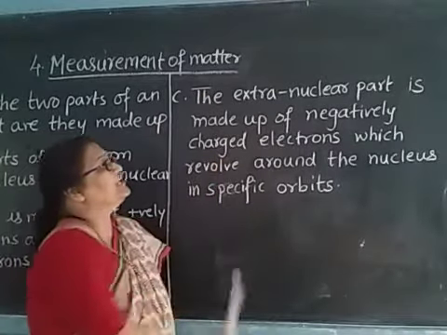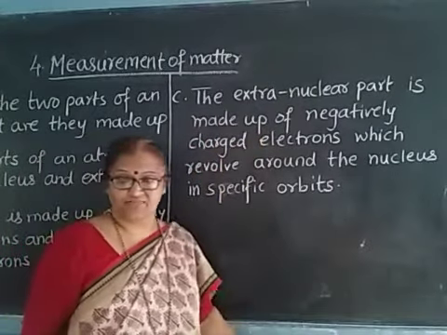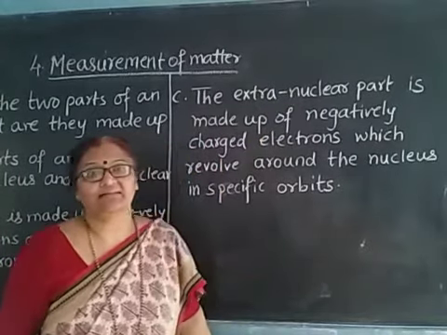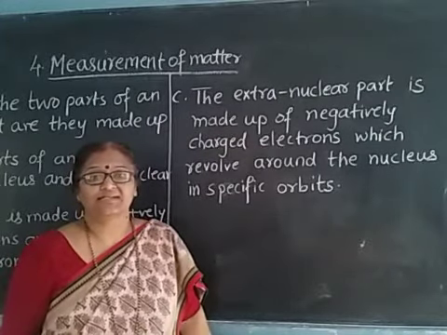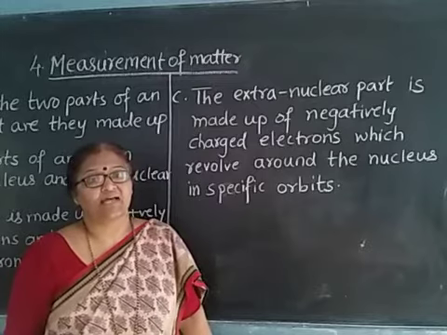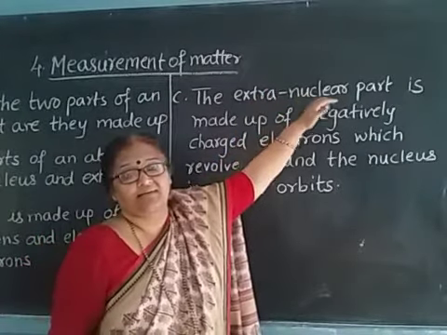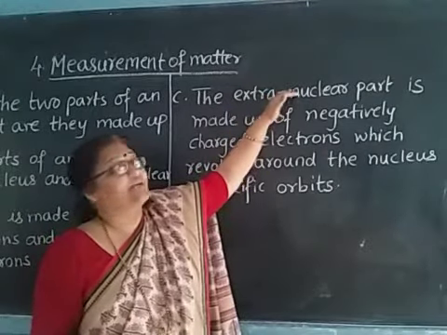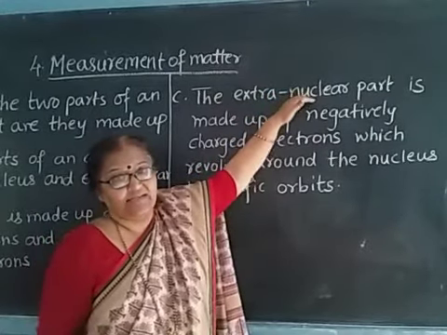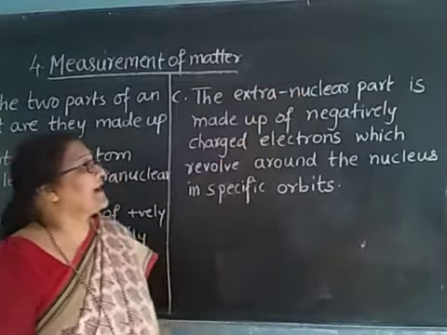The extranuclear part is made up of negatively charged electrons. At the middle there is a nucleus, and in the nucleus there are protons and neutrons, and around that there is an extranuclear part, that means a part excluding the nucleus. That part is called the extranuclear part.